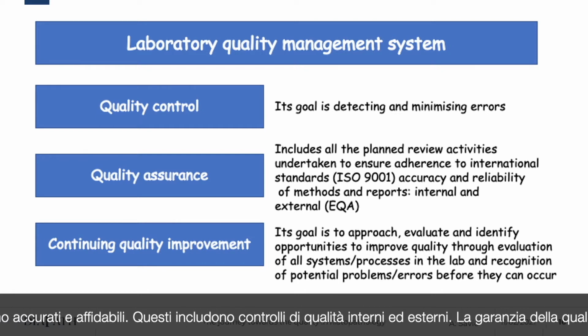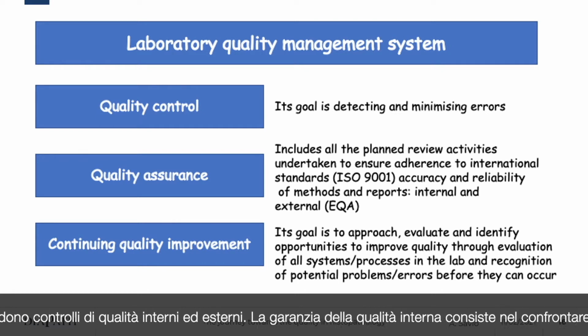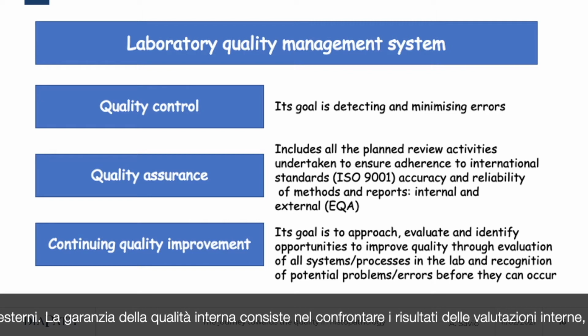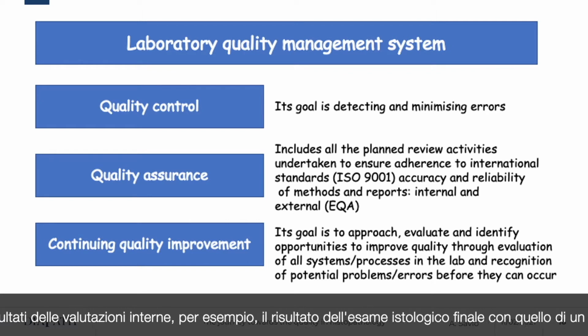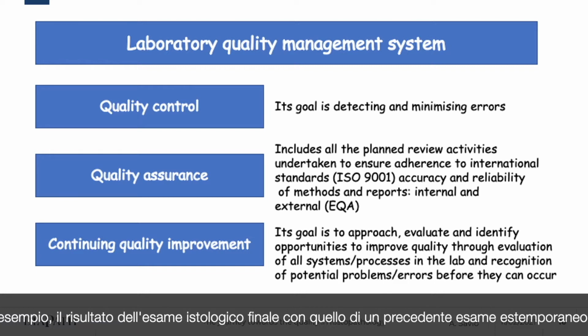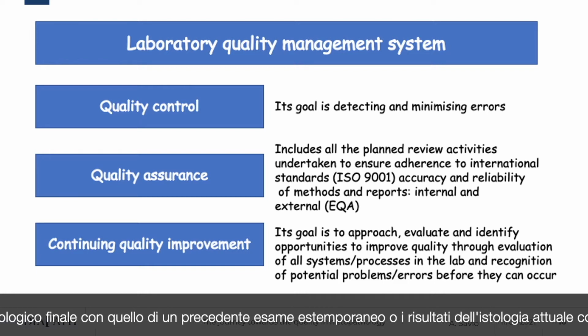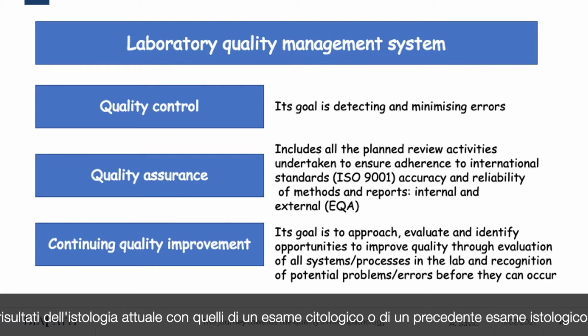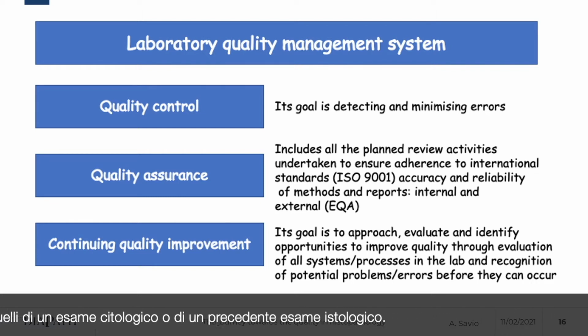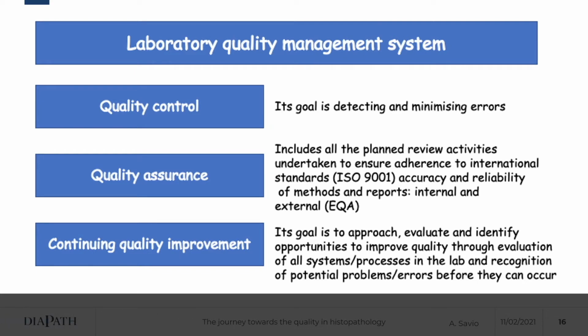These include internal and external quality controls. Internal quality assurance consists of comparing the results of internal assessments, for example, the result of the final histological examination with that of a previous frozen section, or the findings of the actual histology with those of a cytology or of a previous histology.